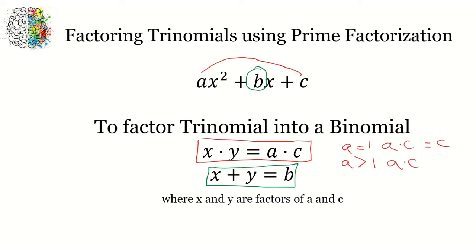That's going to give me a combined number that I'm going to factor. But either way, if my c is a big number, sometimes figuring out those factors can be a little bit tricky. So I'm going to show you two examples of how to factor trinomials, and we're going to use prime factorization to help us break down these big c values in order to help us find the factors to create our binomial.